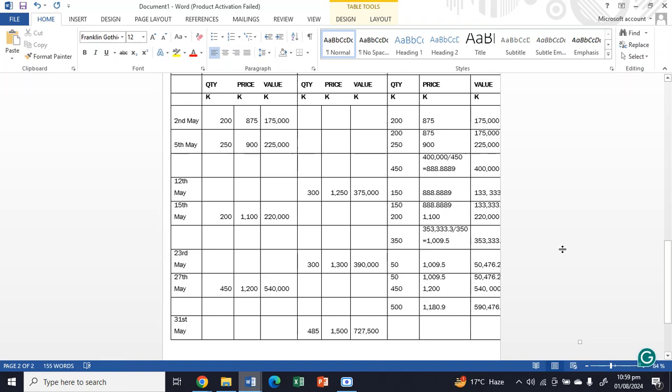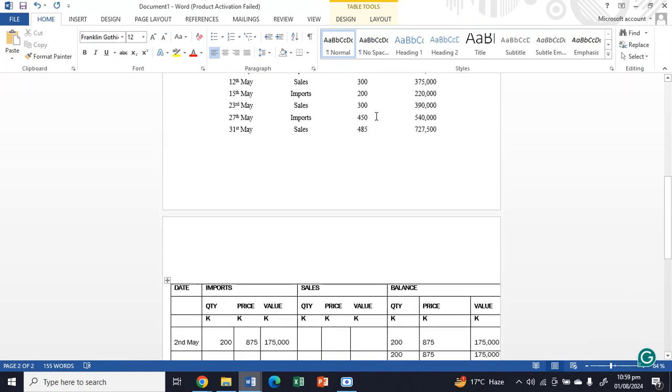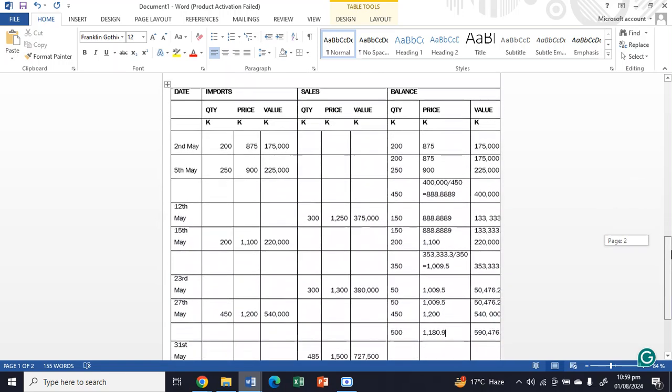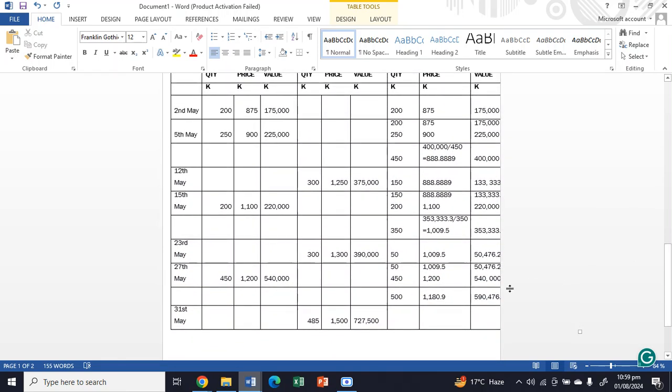Then finally, 31st May, we sold 485 goods. We made 727,500. So we had 500 goods. We sold 485 of them. It means we remain with 15 goods at 1,180.9.